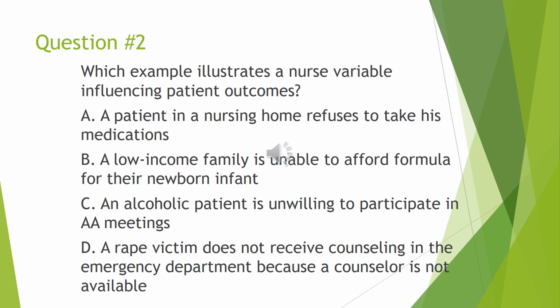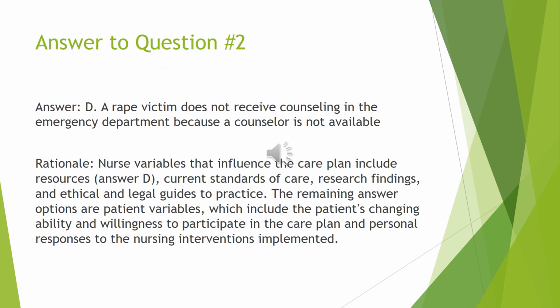Research findings, ethical and legal issues or guidelines to practice, as well as incorporating nursing measures or indicators that goes along with the patient's experience, specialty, and knowledge. So our answer is D. A rape victim does not receive counseling in the emergency room because a counselor is not available. I spent a lot of time on that particular slide because I know someone in the class had a question about it.